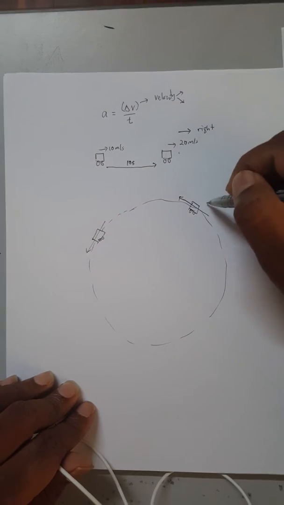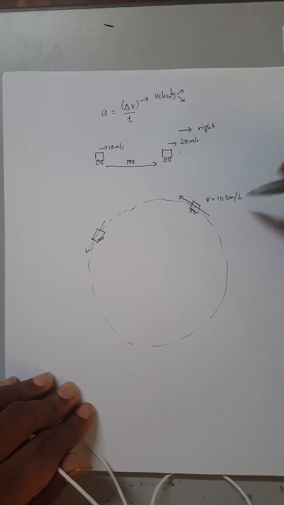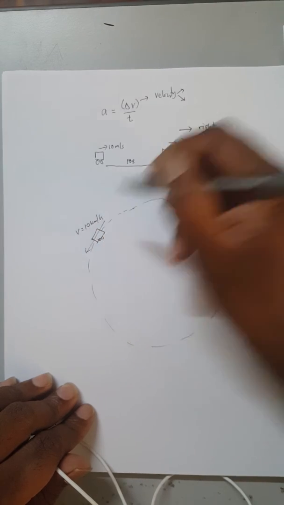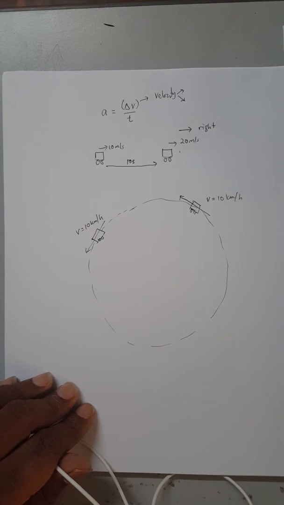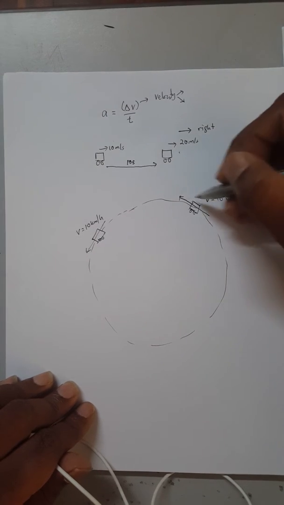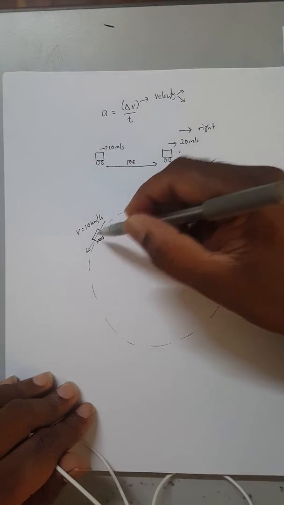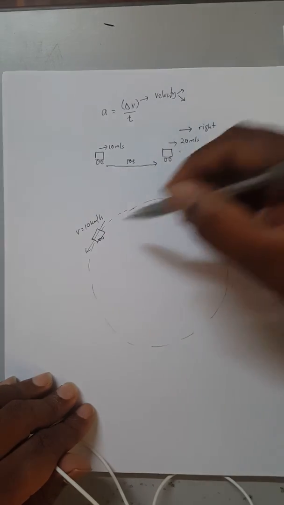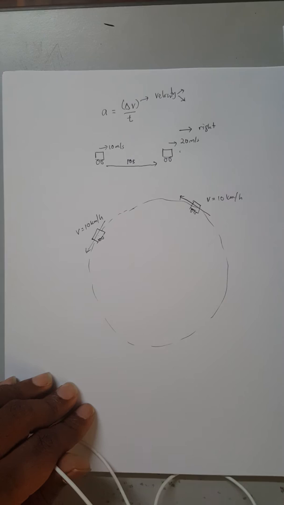Even though they are moving at constant speed, let's say we use the same speed, 10 kilometers an hour here and also 10 kilometers an hour here, since there is a change in direction, there is a change in velocity. Then the car is accelerating when it's moving in a circle.